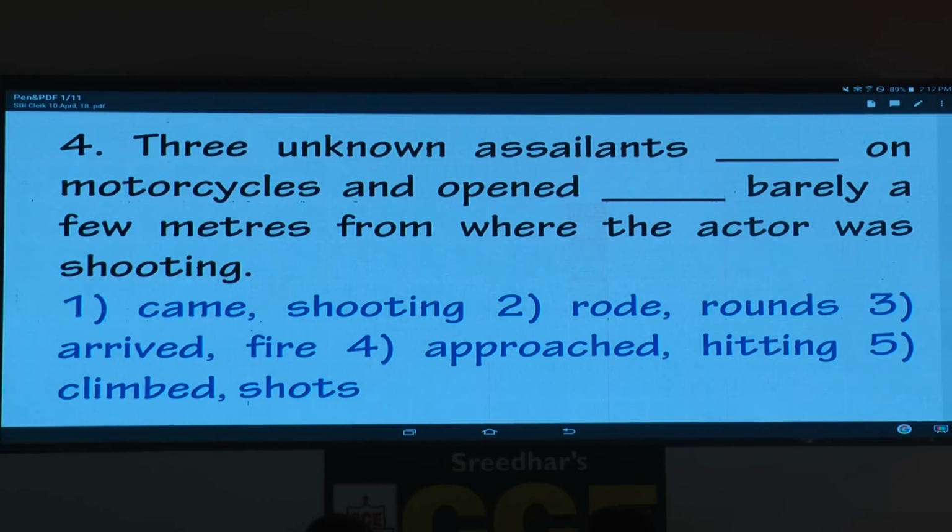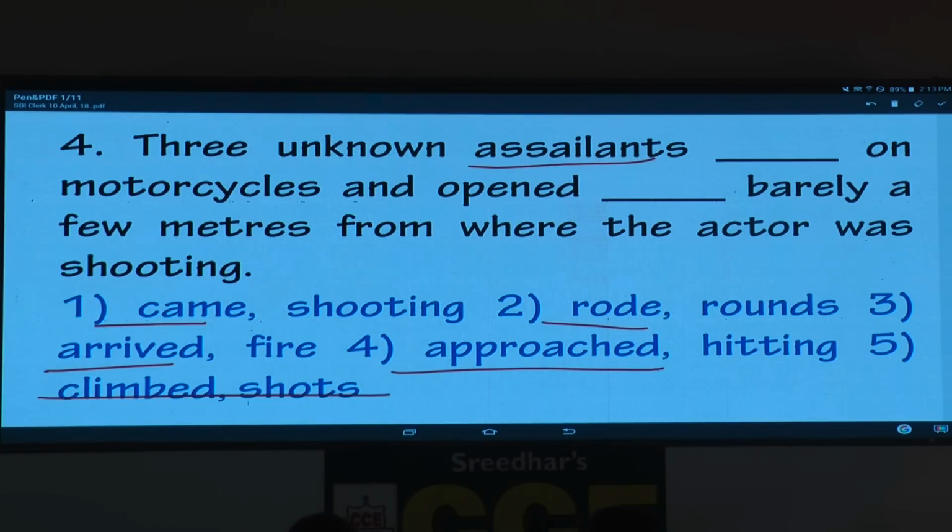Question number 4. 3 unknown assailants, underline the word, came, rode, arrived, approached, climbed on motorcycles. Generally we don't say that. This is ruled out.